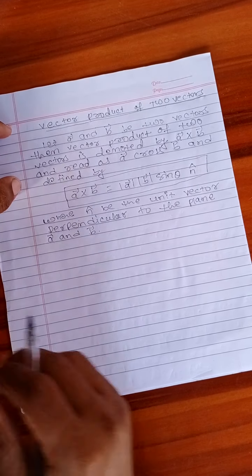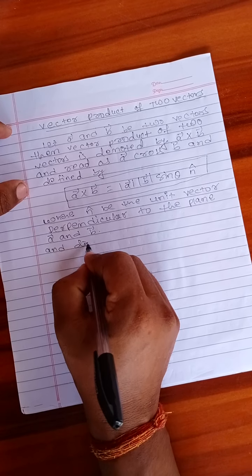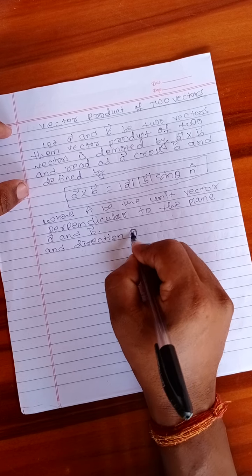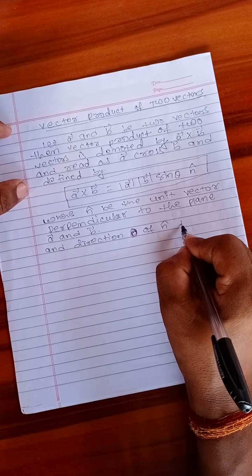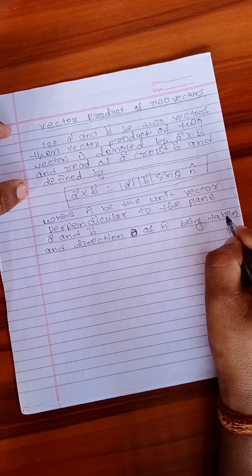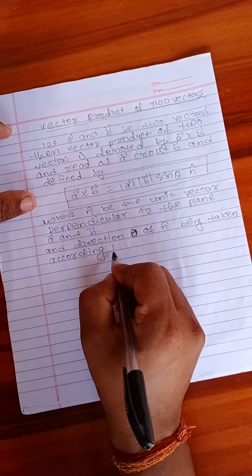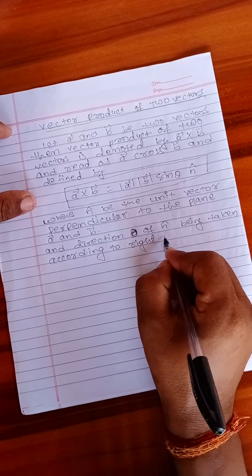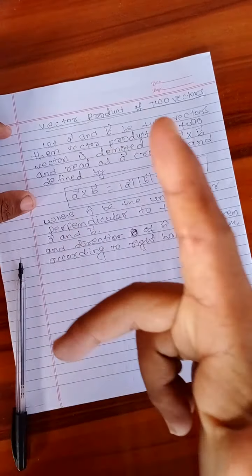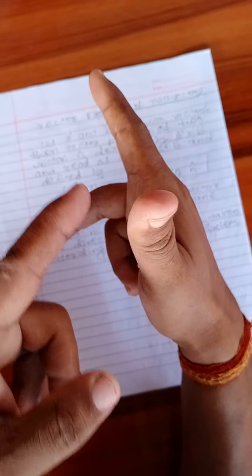The direction of n cap is taken according to the right-handed screw system. See, if you take this as a vector and this as b vector, then the direction n cap will be this one, perpendicular to both.